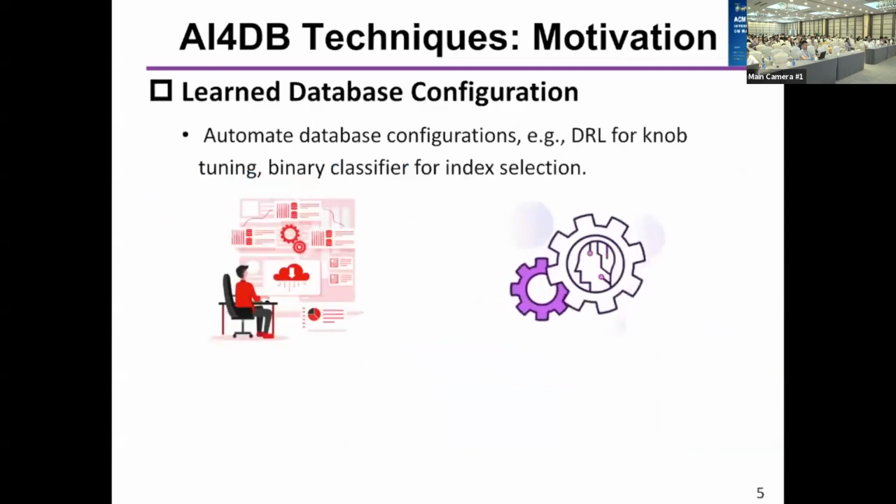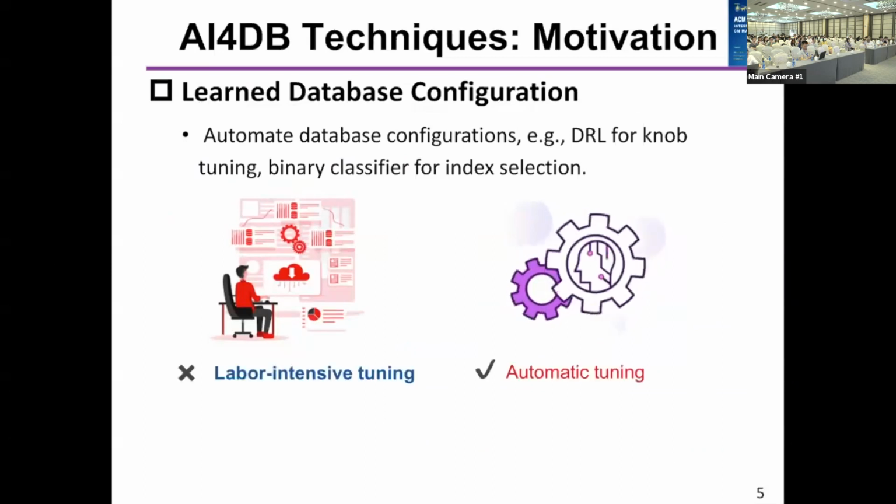The first application is learned database configuration. Every database has a large number of knobs. For example, PostgreSQL and MySQL, and some databases have hundreds of knobs. It's very important to tune knobs to achieve high performance.